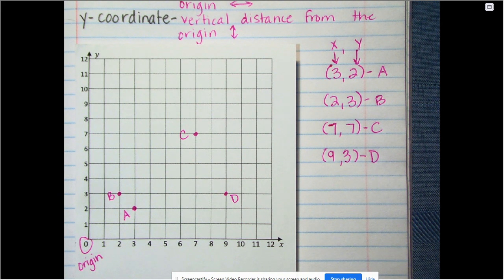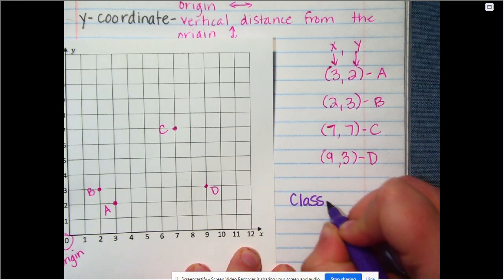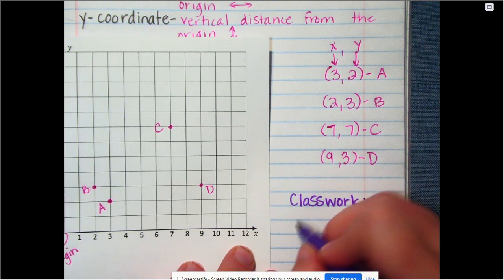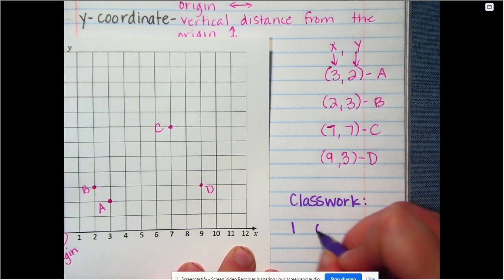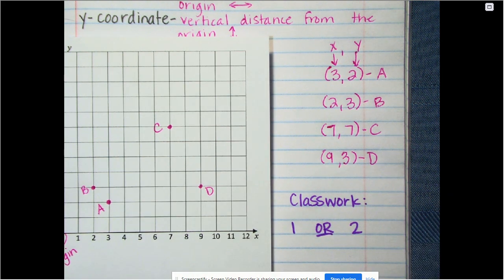All right, so for work today, you are going to be able to choose. So you're going to choose between page 1 or 2 in your coordinate plane packet.